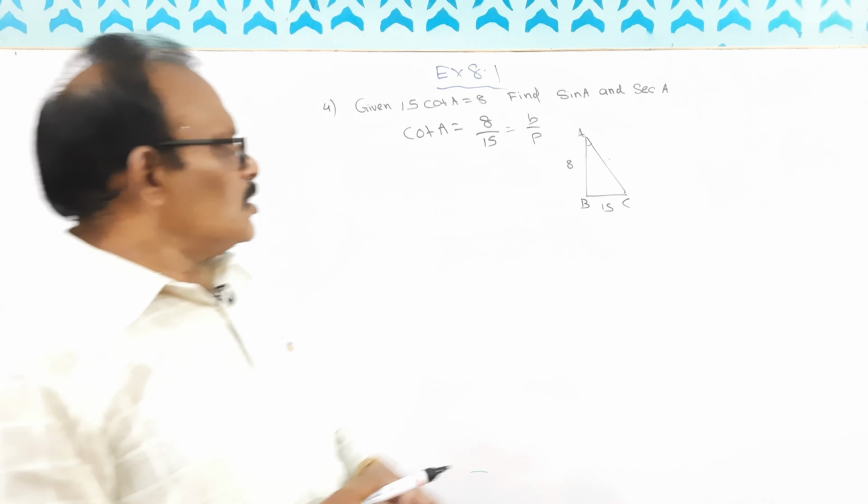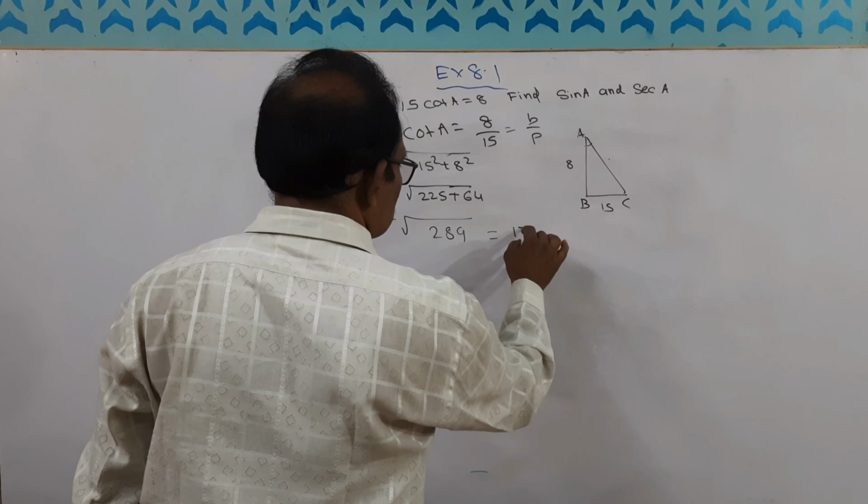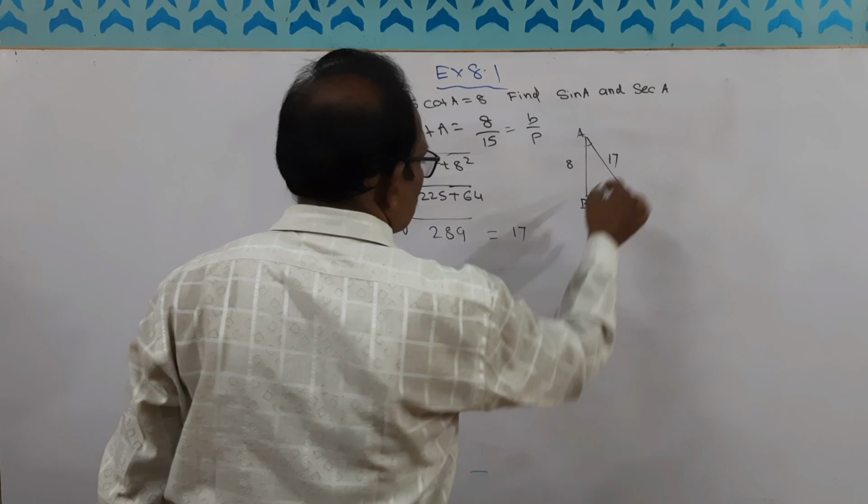So h is equal to root over 15 squared plus 8 squared, which is 225 plus 64. So what you will get is 289. If you take the square root, it will be 17. So we got this 17.